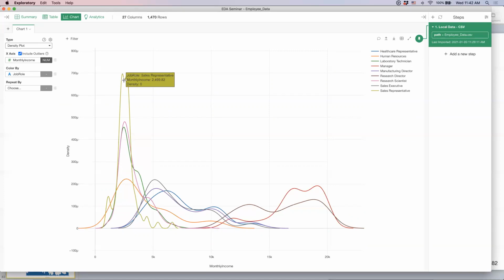But under this curve too, the area size is 1. So each curve has an equal amount of size. Then we can understand what's the ratio, what's the percentage of the data of the manager, for example, where. For example, most of the manager people are between 15K to 20K or so, as opposed to most of the sales rep people, who are maybe in the range of 2,000 to less than 3,000.